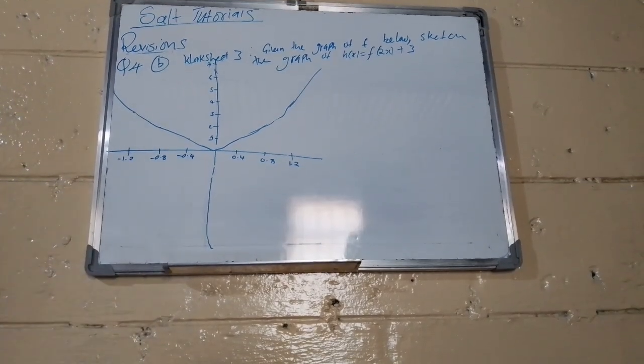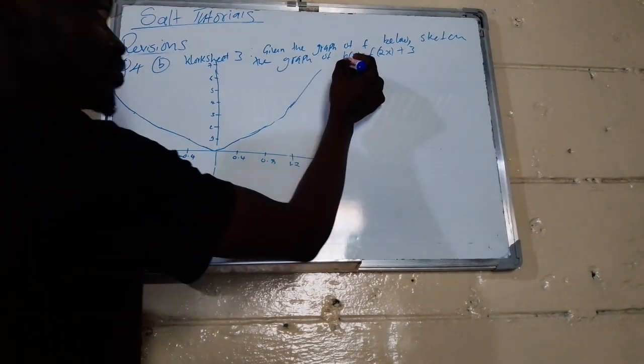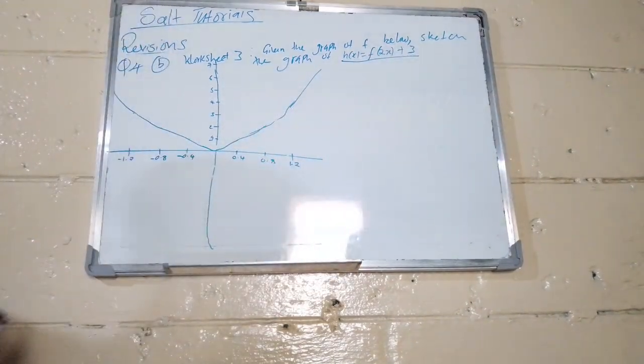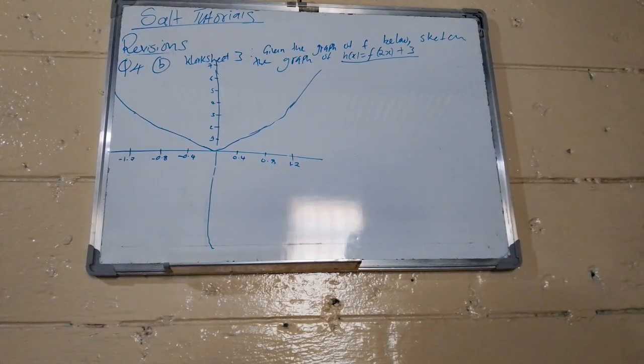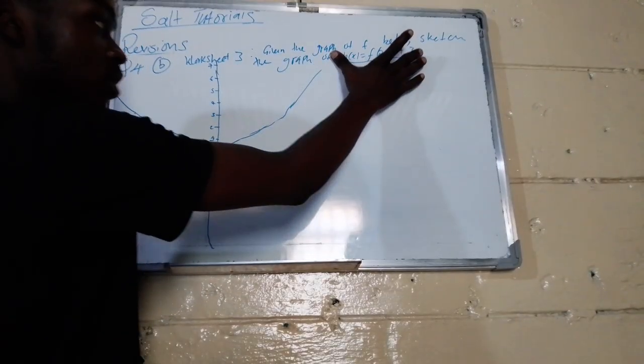Then you are being told that the graph which has been sketched for you is f. So they just want you to draw another new function, which is h of x equals f of 2x plus 3. It means that this graph should be transformed and you sketch another one to be in that format.